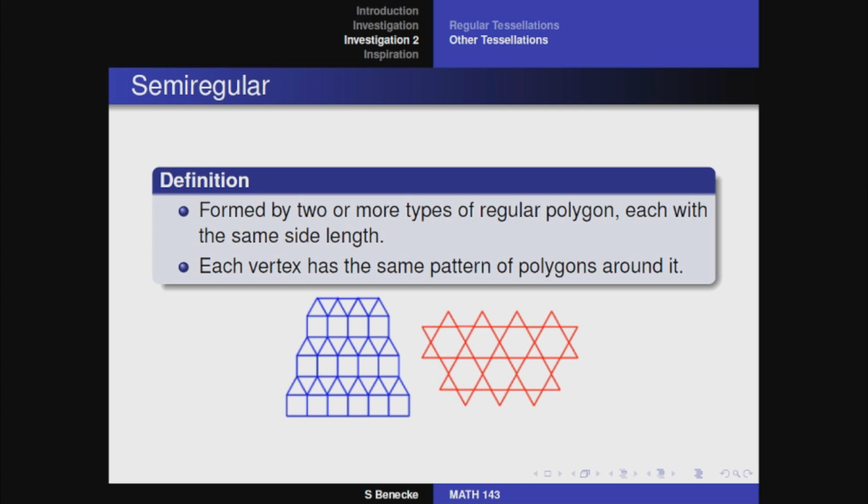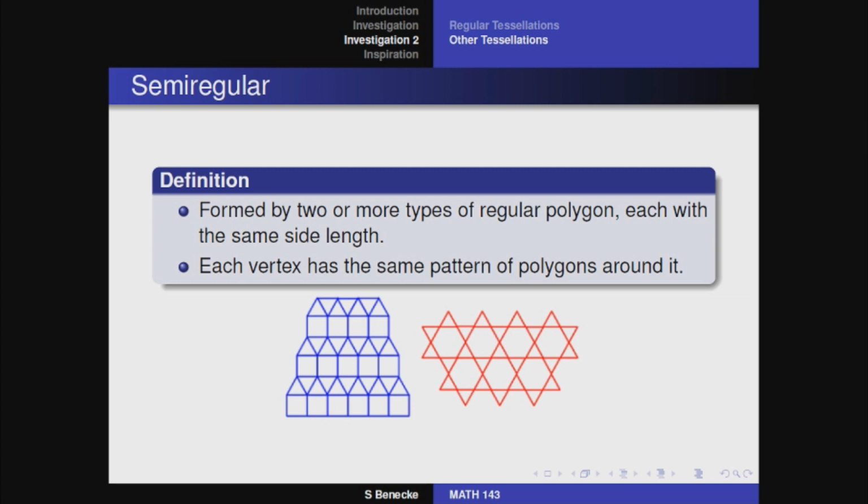But I'm allowing for different polygons in the same tessellation. So then I call it a semi-regular tessellation. Regular tessellation, one shape. Copies of that, only that shape. Semi-regular tessellation, I can have 2 or more types of regular polygons.